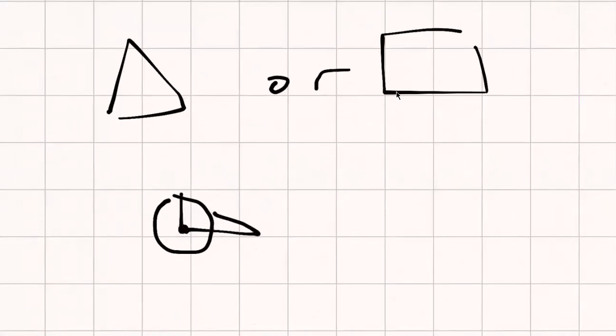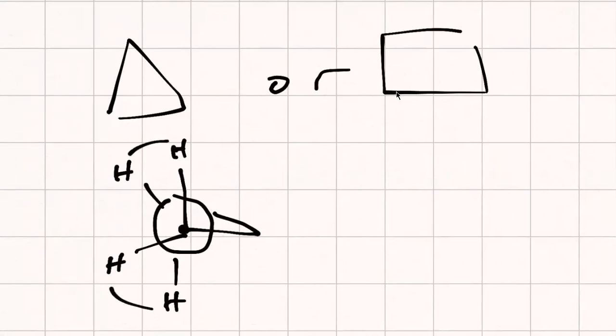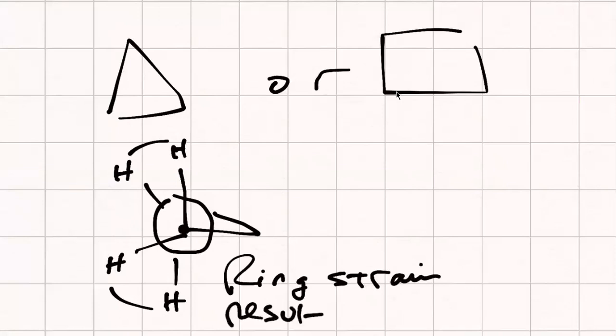you have hydrogens here, here, and then of course on the other carbon you have hydrogens as well. So the smaller the ring is, the more compressed these dihedral angles become, and that's where your ring strain comes from. So those dihedral angles get compressed.